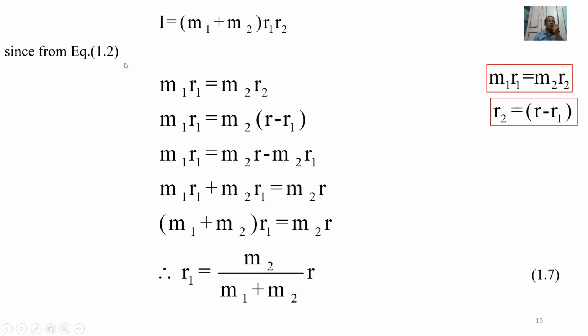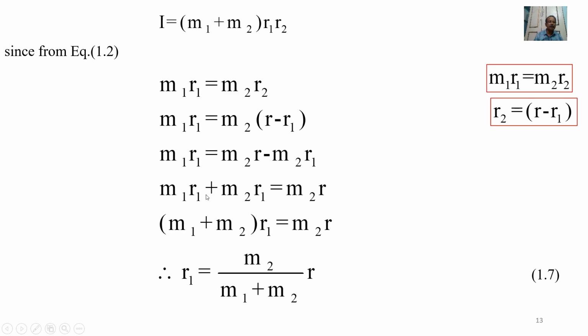Since from equation 1.2, M1 R1 equals M2 R2, which is the law of balance. So M1 R1 equals M2, instead of R2, substitute R minus R1. So we'll have M2 R minus M2 R1. Bring minus M2 R1 from the right hand side to the left hand side.